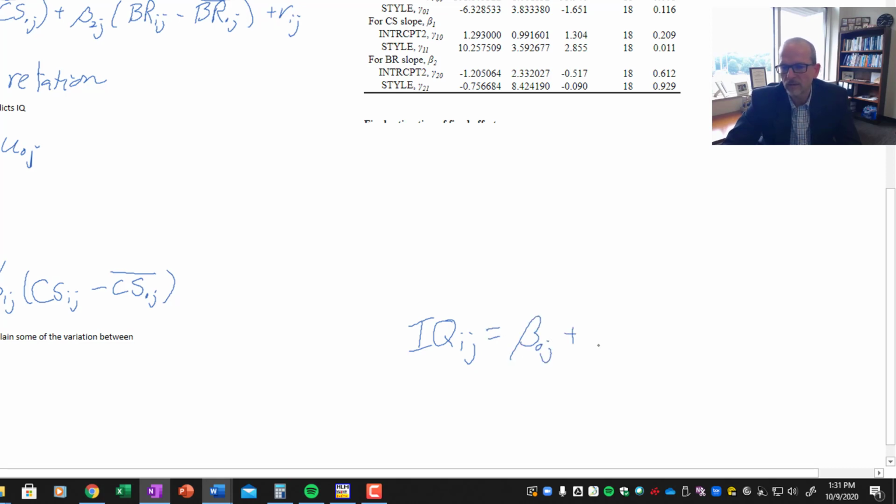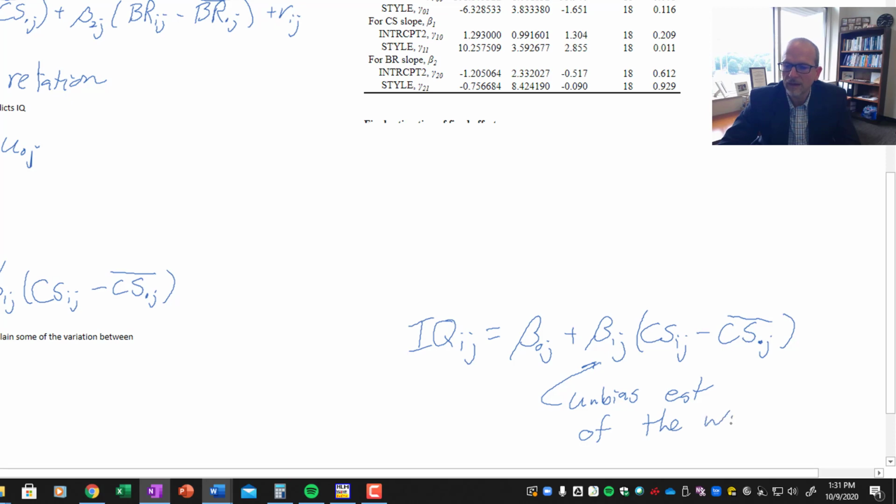Now we have beta 0j, we have a beta 1j, and now we're using common sense. So it's common sense, and we're going to group mean center it. Now, drawing from what we talked about in chapter 5, the reason we group mean center it is because it makes this thing an unbiased estimate of the within effect.